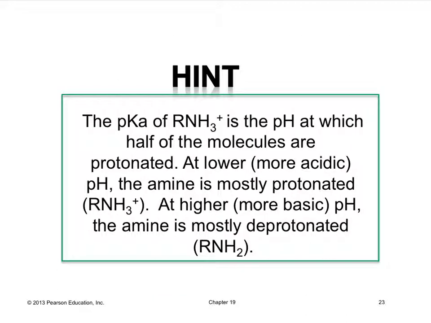An important thing to note is that the pK of an ammonium salt, shown here, is the pH at which half the molecules are protonated. At lower or more acidic pH, the amine is mostly protonated. At higher or more basic pH, the amine is mostly deprotonated.